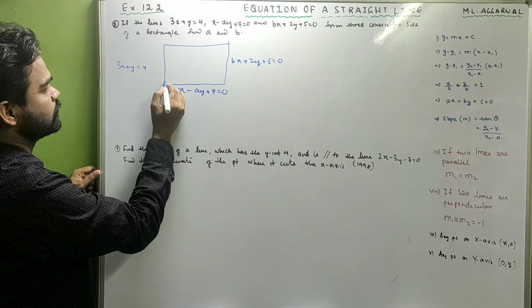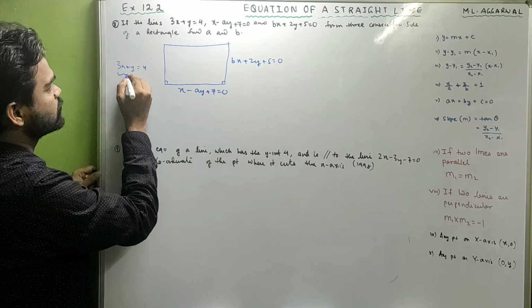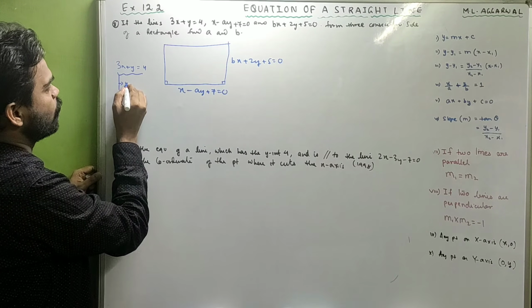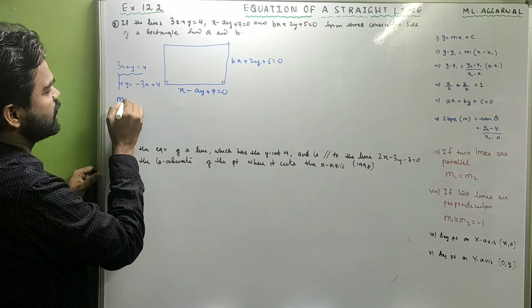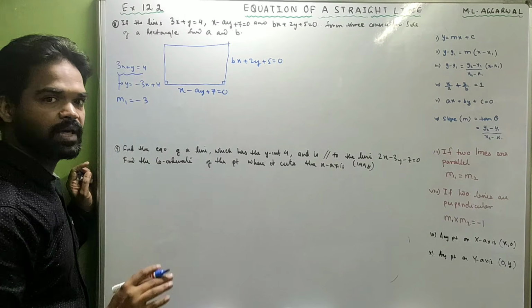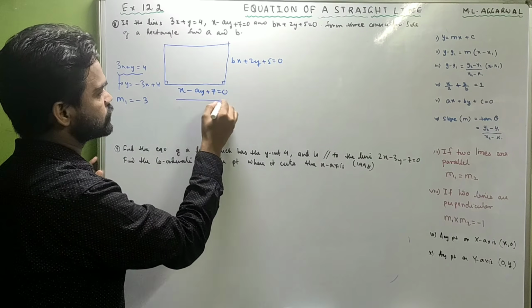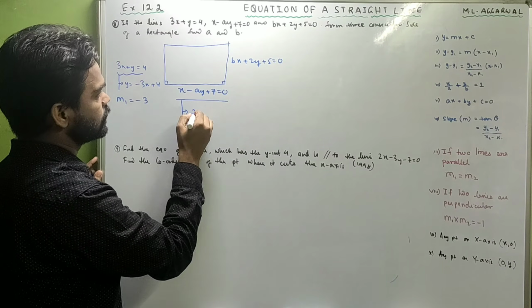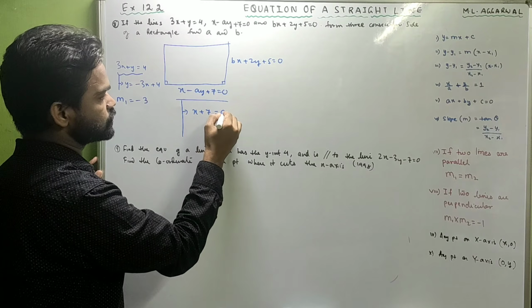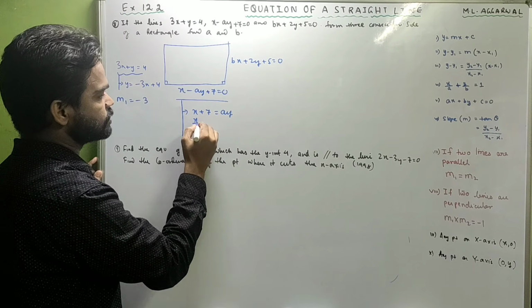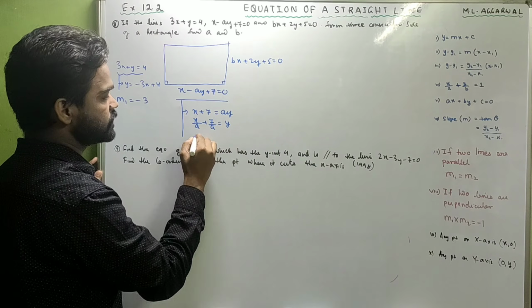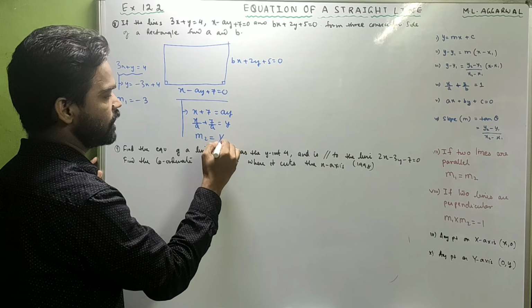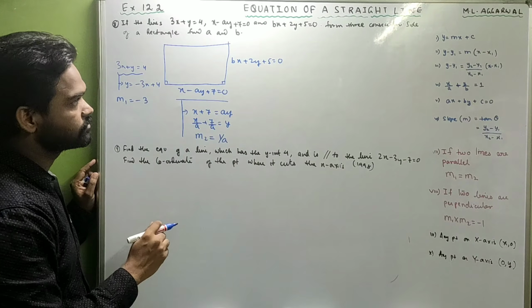Now look carefully. I'll first find the slope of this. See, y equals minus 3x plus 4, which means m1 will be minus 3. Done. I'll find the slope of this. Look, x plus 7 equals ay, which means x by a plus 7 by a equals y, which means slope m2 is 1 by a, the coefficient of x.